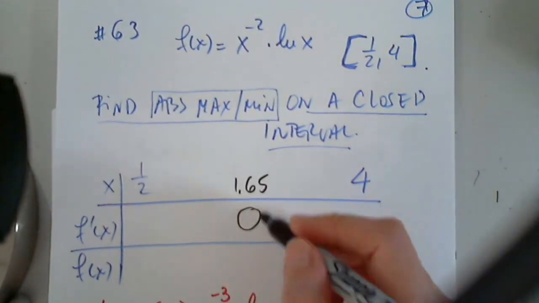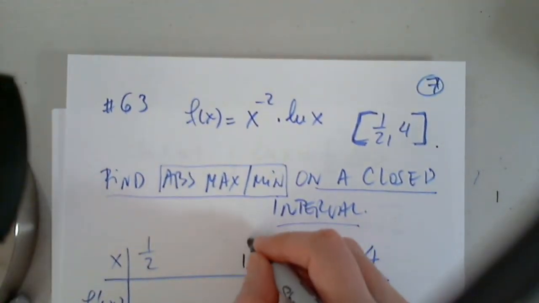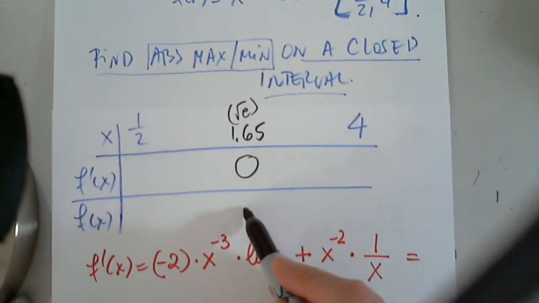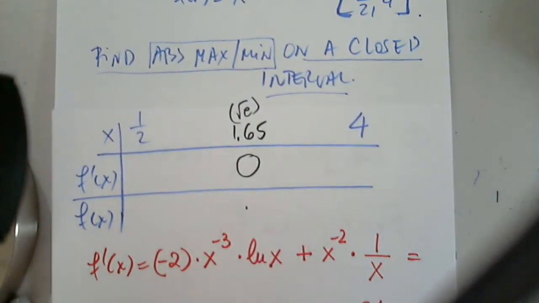I have to plug this in, and I will plug it in as the square root of e in the function and get the y value. So back to the calculator, I will put in y equals this function, which is natural log x divided by x squared.